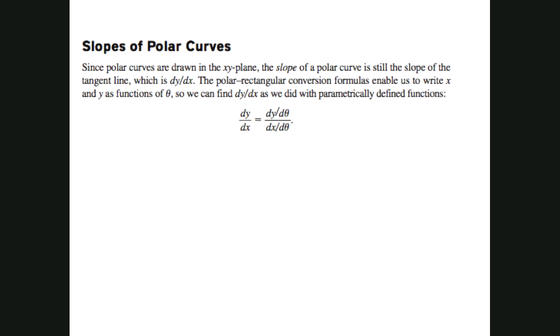So dy/d theta over dx/d theta is how we find the derivative of a polar function. But sometimes it gets a little complicated because you're going to have to change your functions.